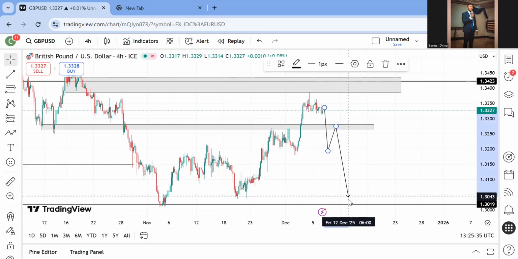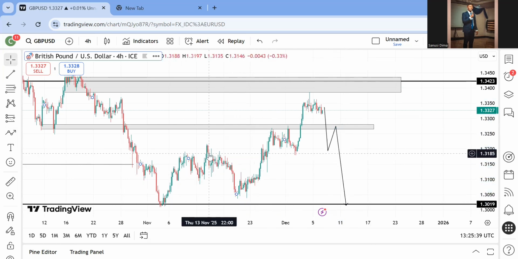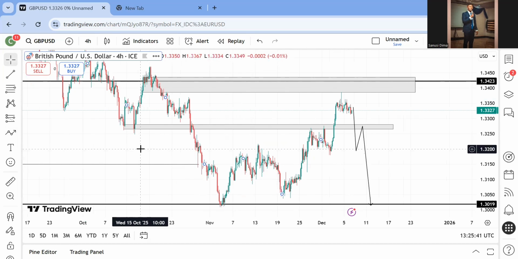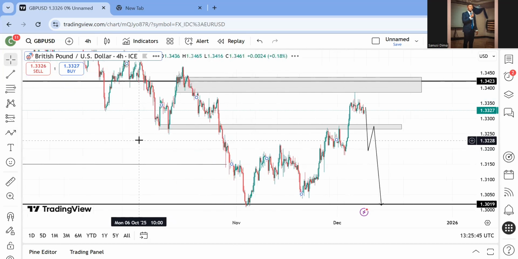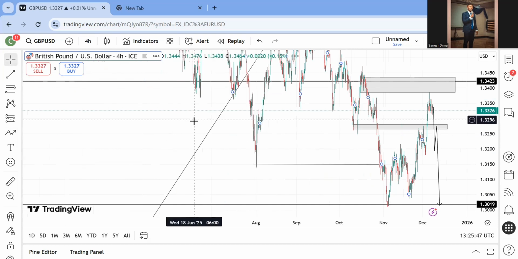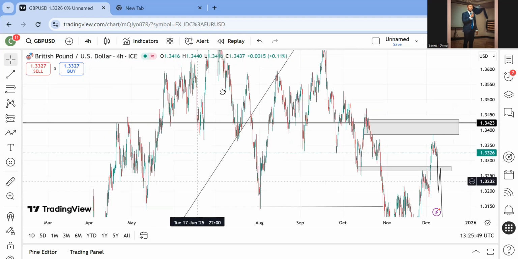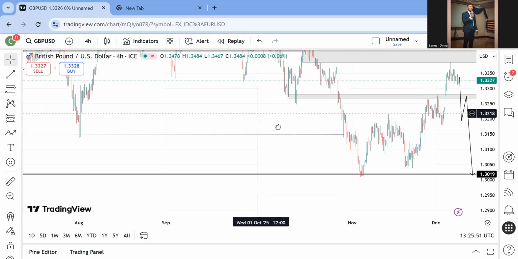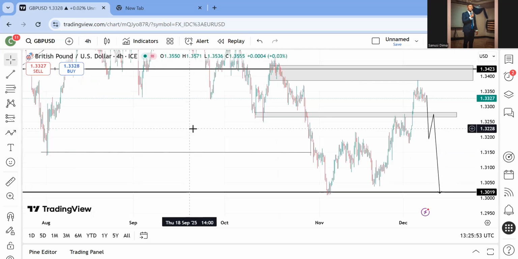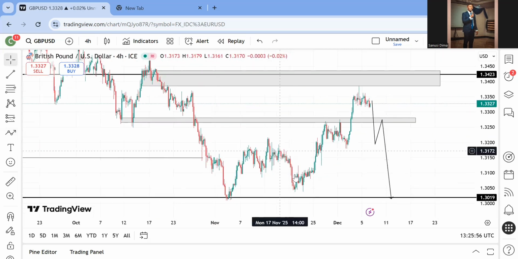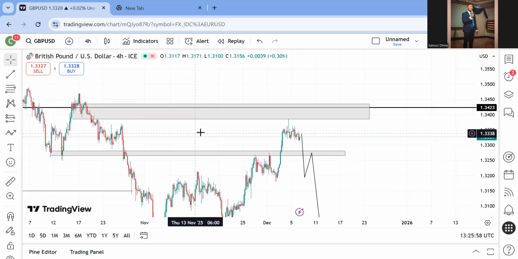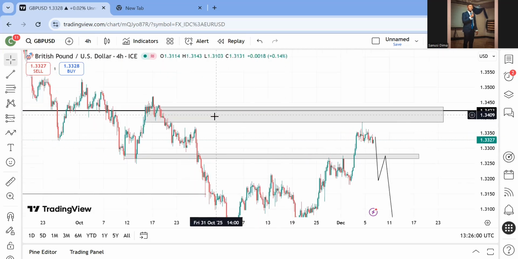So I am strongly bearish on GBP from the daily time frame, from the weekly time frame. I am bearish on GBP being that we have a major break of structure around this place. This is a major break of structure, and for market to flip back that structure is going to take really a lot of time.